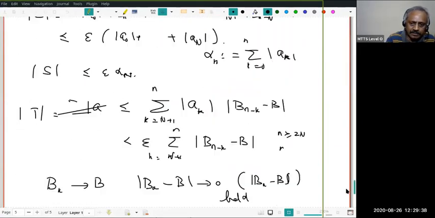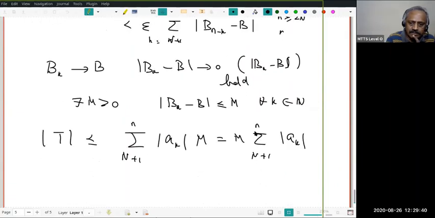That means this must be something to do with epsilon. Maybe M times epsilon. Do you understand? For which n? Remember, this little n is not fixed. It is as large as I want, as long as little n is greater than or equal to 2 times capital N. You see that?